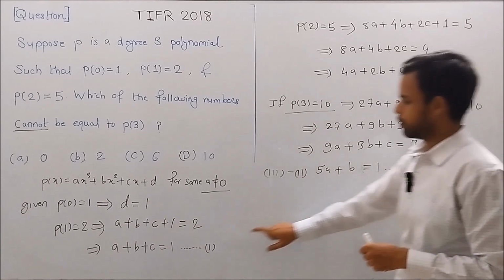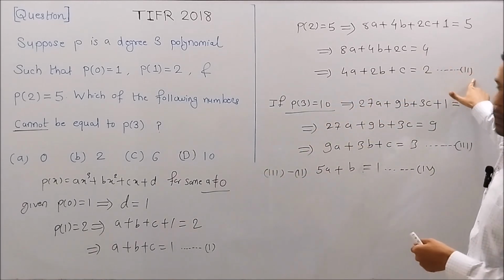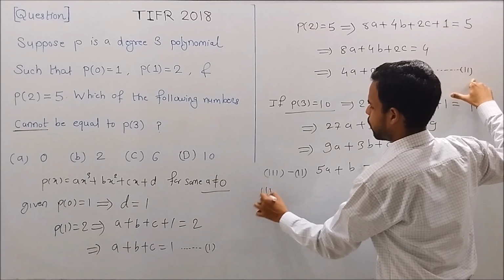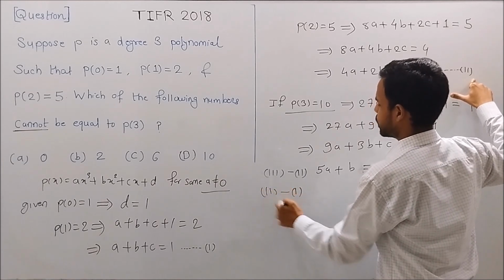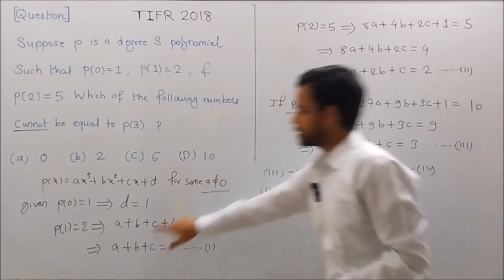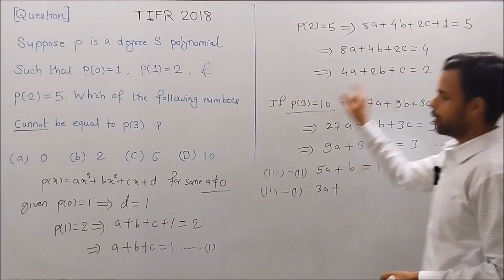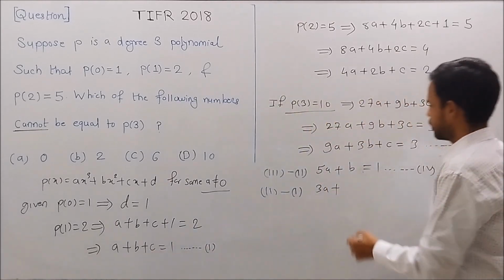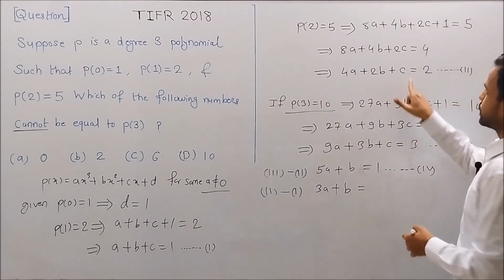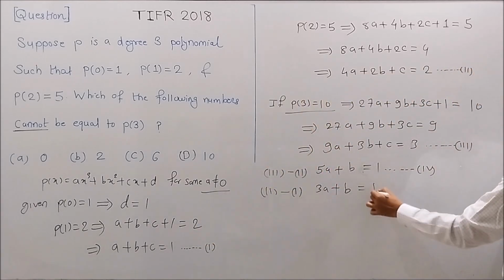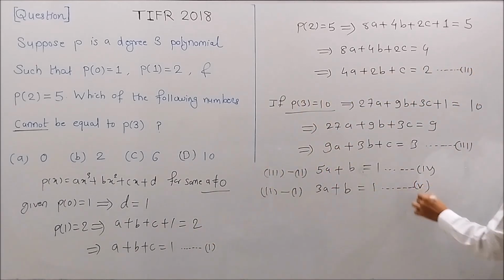Now we will use equation 1 and equation 2. Subtract equation 1 from equation 2. We get 4a minus a, that is 3a, 2b minus b, that is b, and c minus c, which is 0, equals 2 minus 1, which is 1. Call this equation 5.